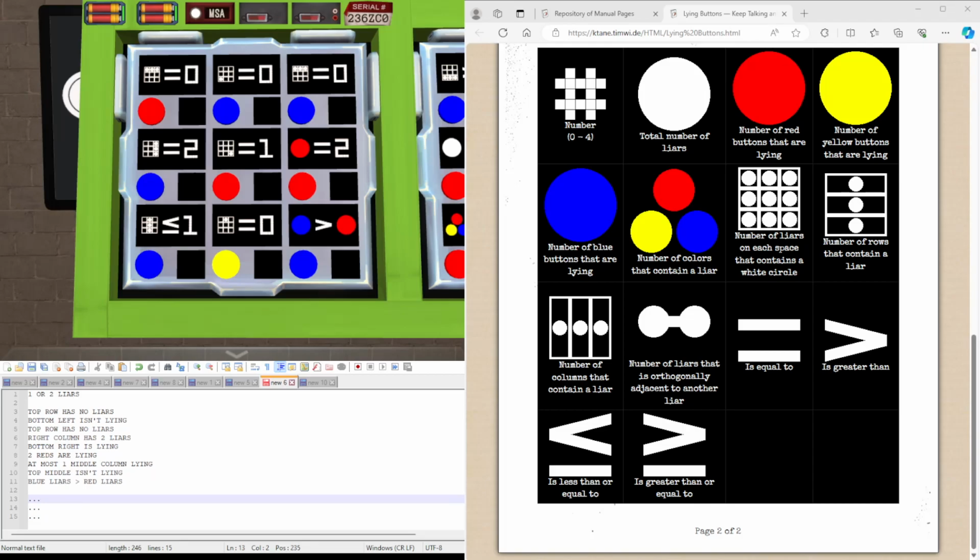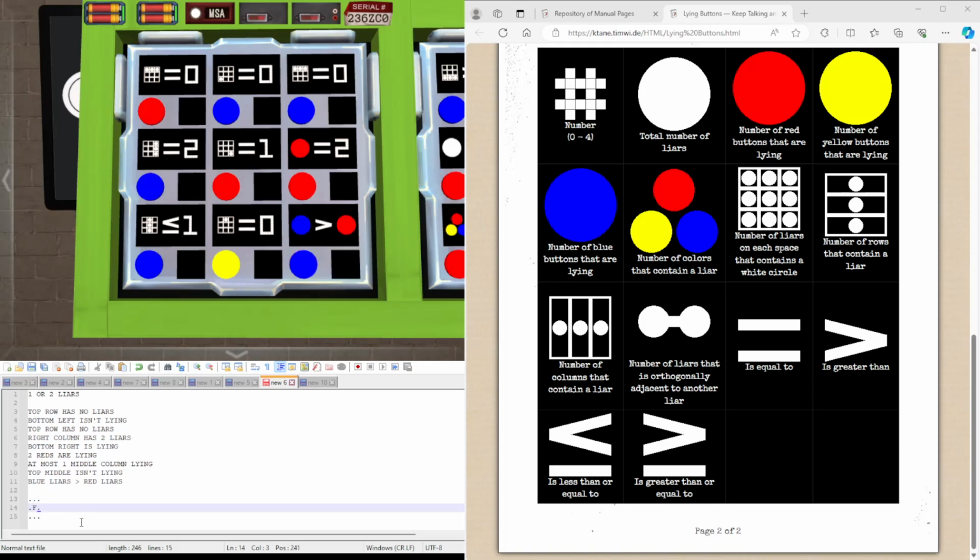So let's start with one of these ones that give a concrete value of one of the squares. So let's start with the one that says that the bottom right one is a liar.